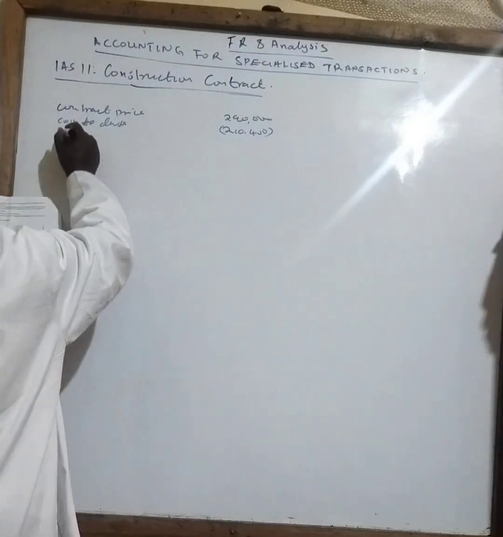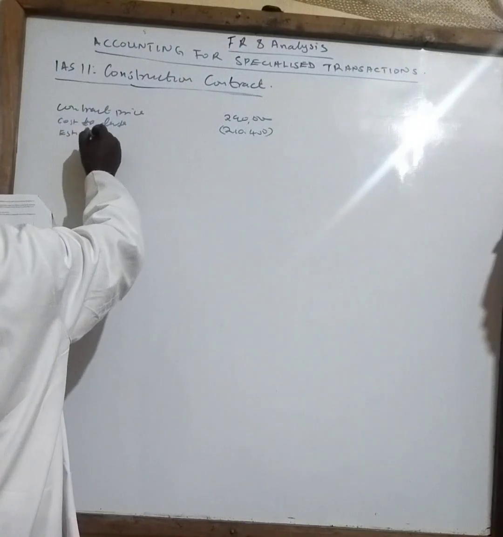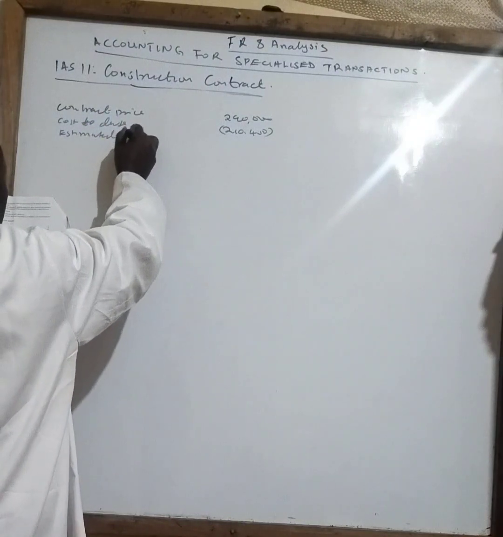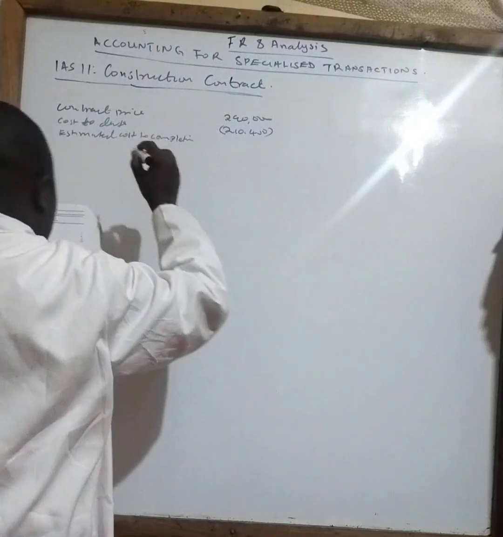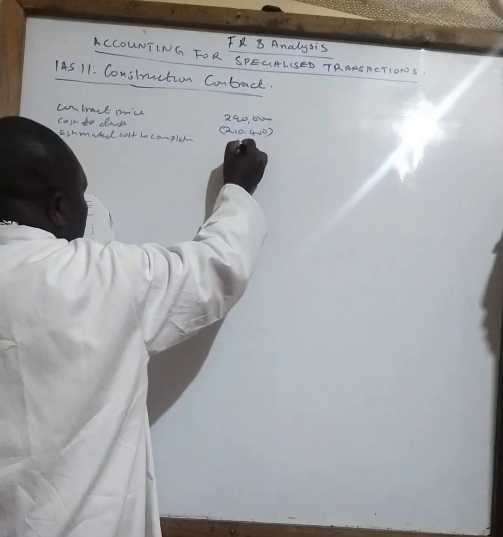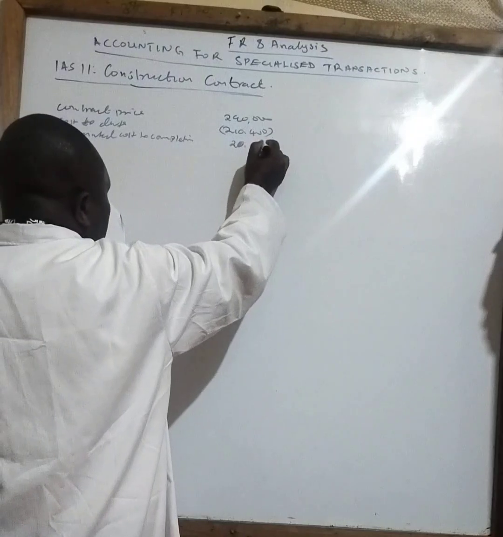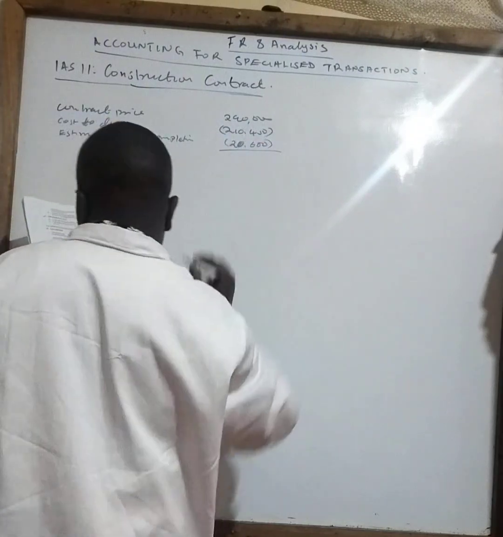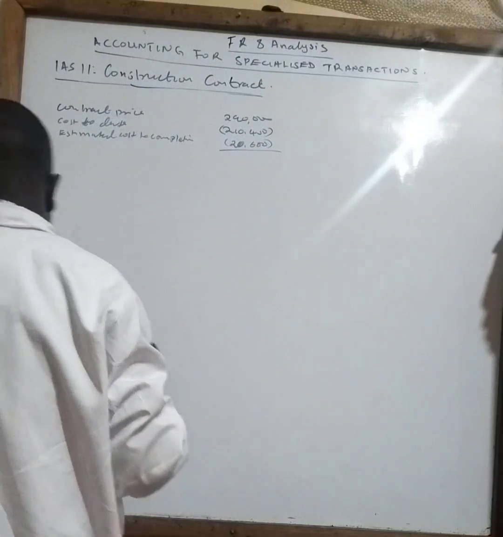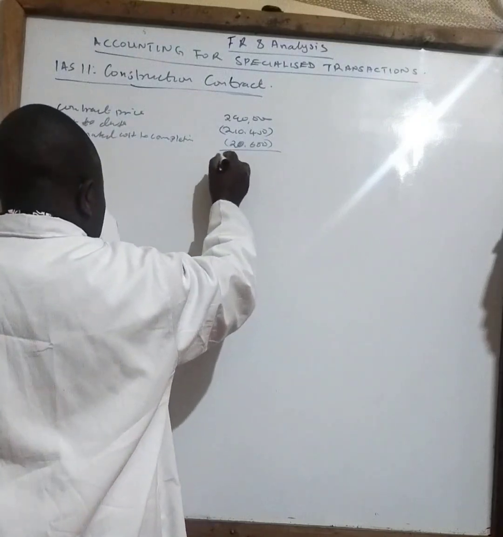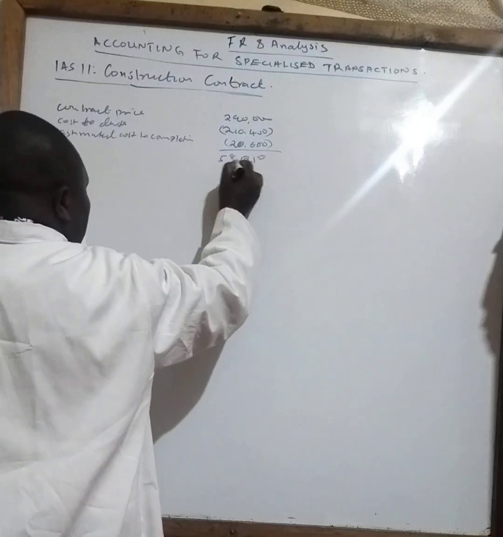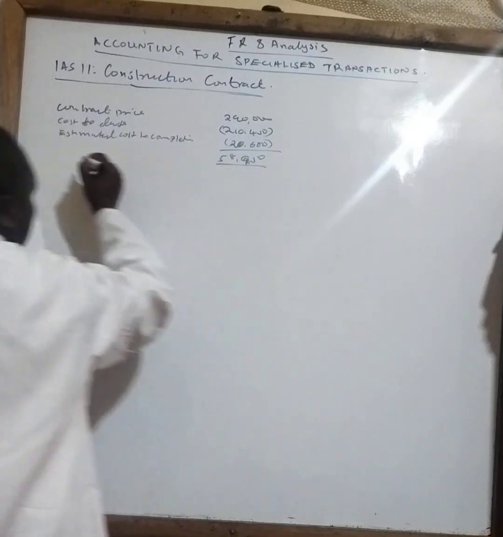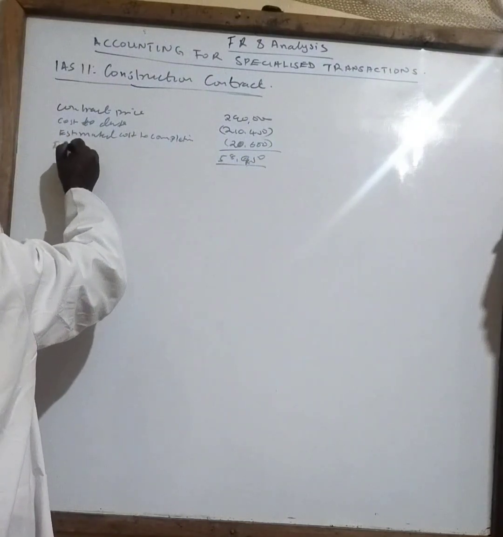So we can now say estimated cost to completion 20,600. If you subtract, your answer you get is how much? 58,950. 58,950. This is estimated profit.